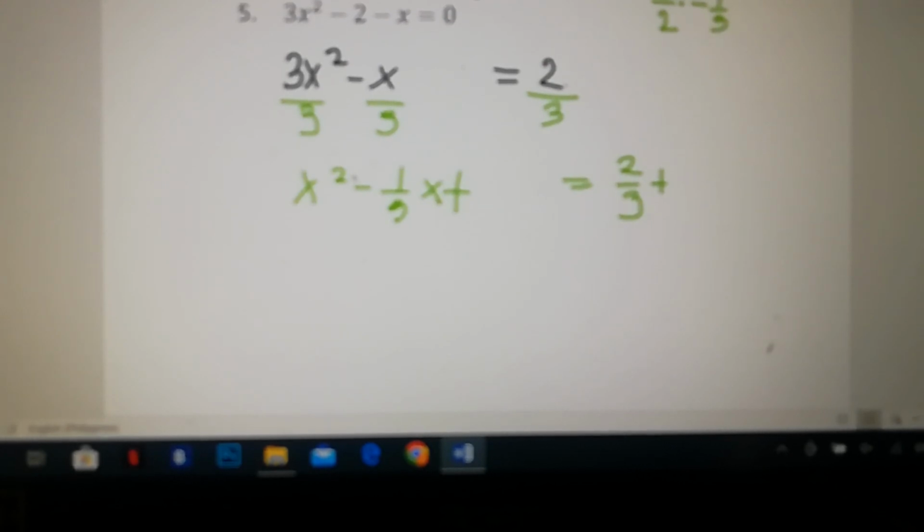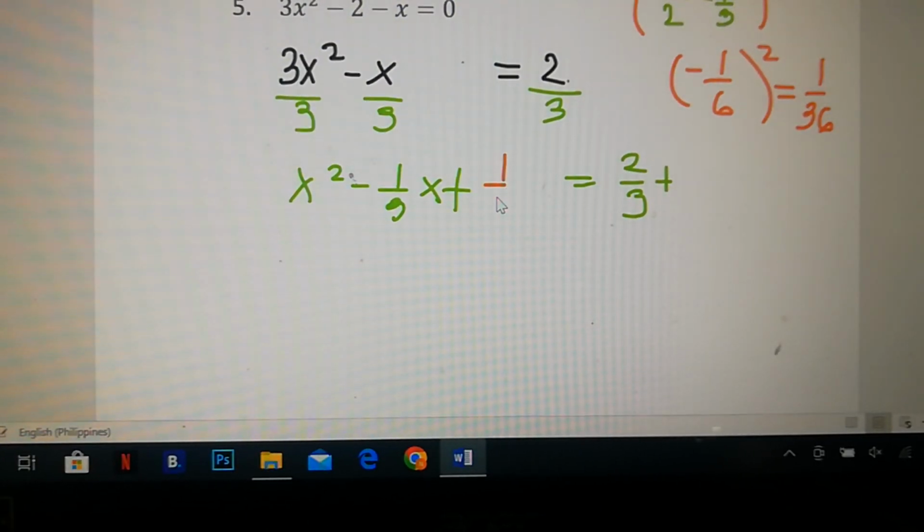Then whatever the result, you square. So 1/2 times negative 1/3, negative 1/6. You square negative 1/6, 1/36. So meaning you add both sides of the equation by 1/36. So plus 1/36 on the left side, plus 1/36 on the right side.